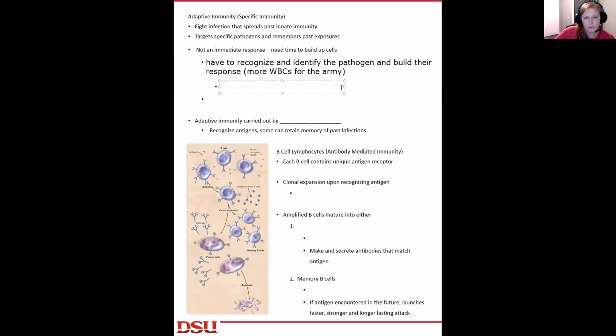Okay, so what types of pathogens would they recognize? Pretty much all kinds. You've got bacteria, viruses, you could have parasites, some cancers. Cancers, as we learned in the last chapter, are harder because the body still recognizes them as self. So unless the cancer cell is sending out a signal that it's been compromised, it may go unrecognized by the body.